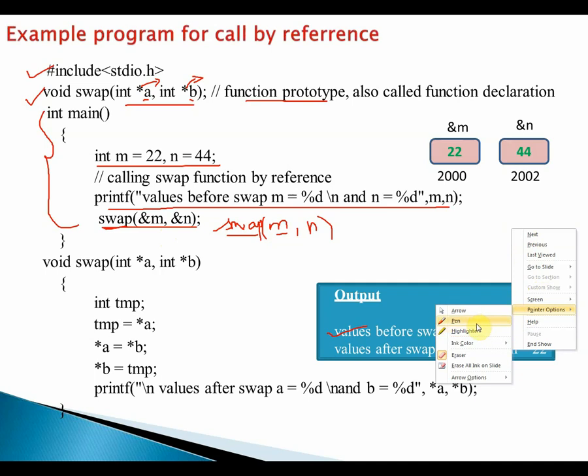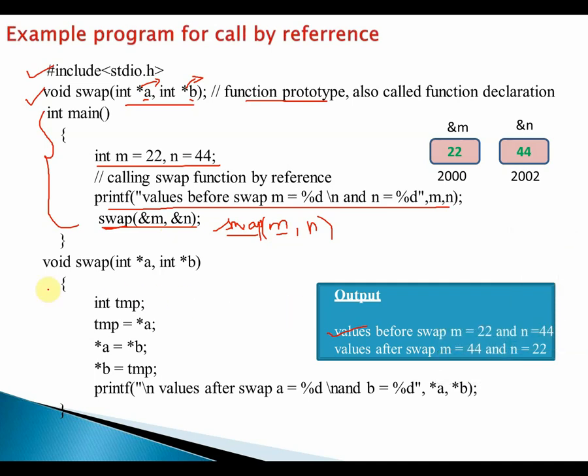Then we go on to writing the swap function. The definition of the swap function is in this manner. Now you see over here, since the address is passed, we need to write pointer variables, because pointer variables are used to point to that memory location.